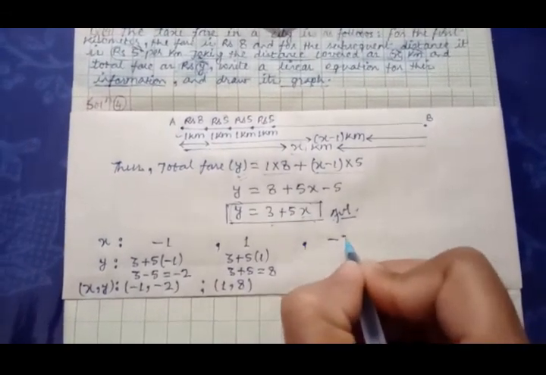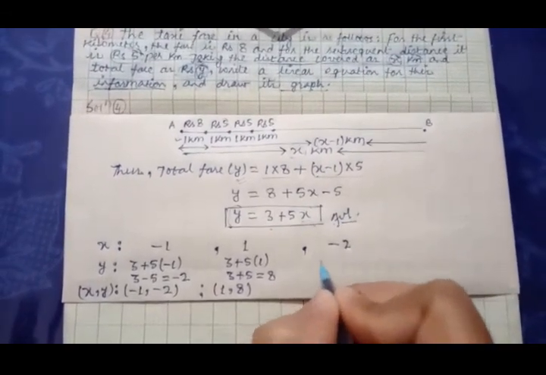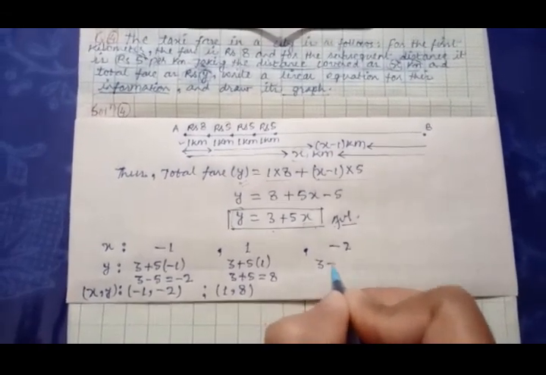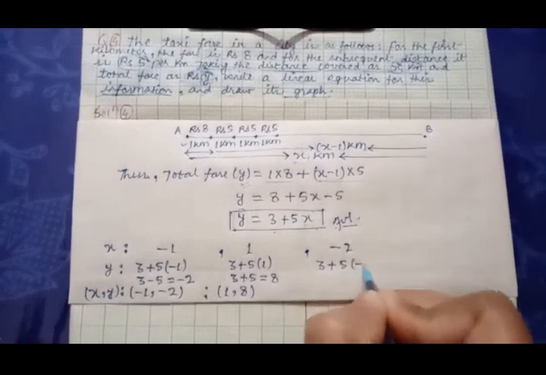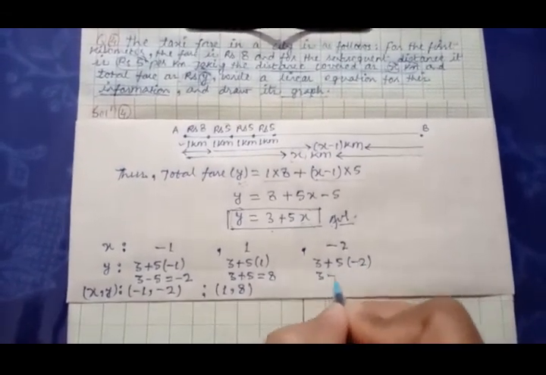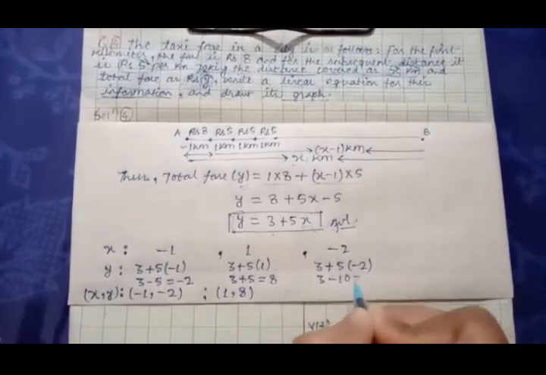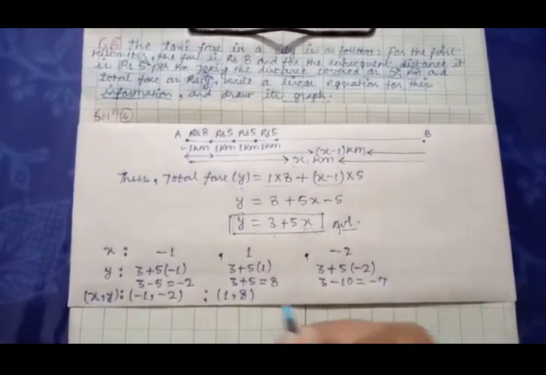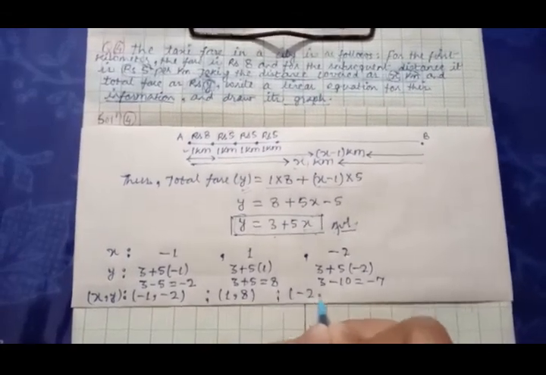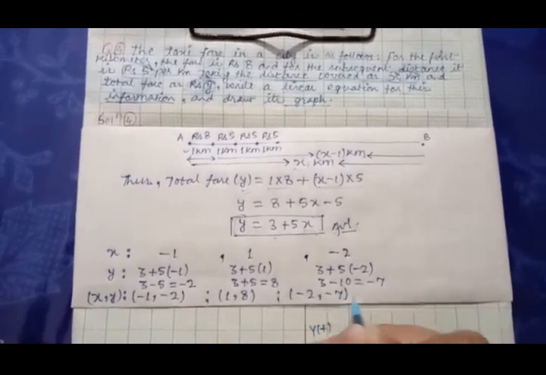I am using minus 2. Let's check what could be y for it. So it is 3 plus 5 into x is minus 2. It becomes 3 plus minus 5 2s are 10. So 3 minus 10 is minus 7. That's why third solution is found as x minus 2 and y minus 7.